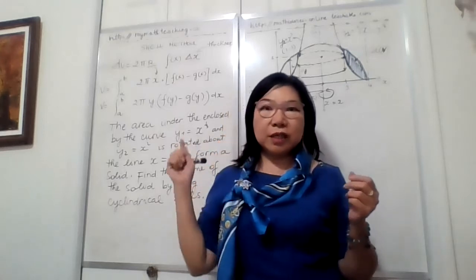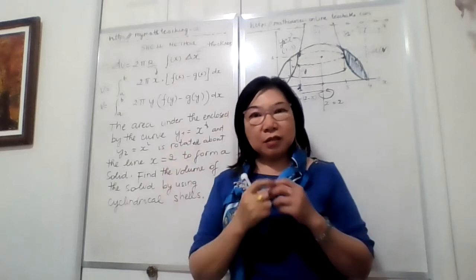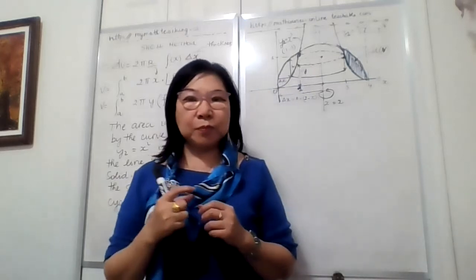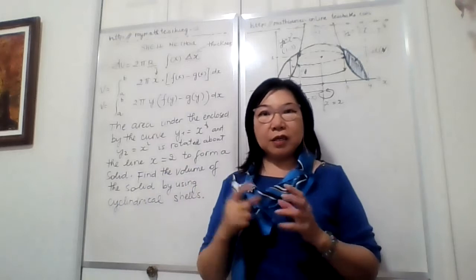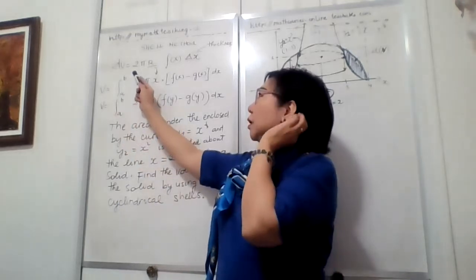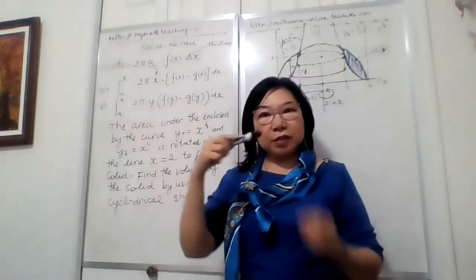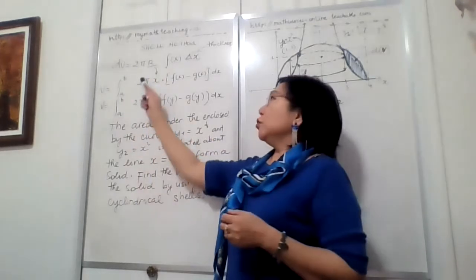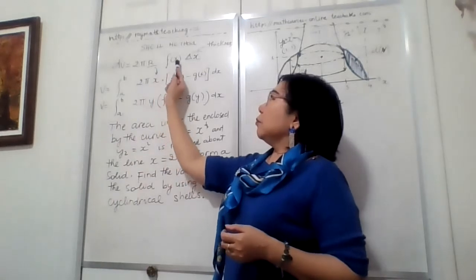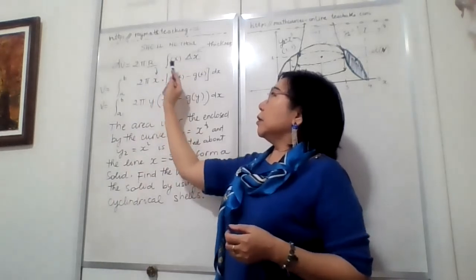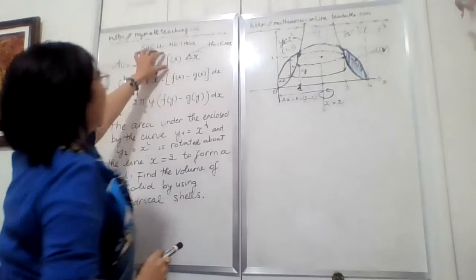It is the same with the volume. The derivative of the volume equals 2 pi r, which is the formula for the circumference of the cylinder, times the height of the cylinder.